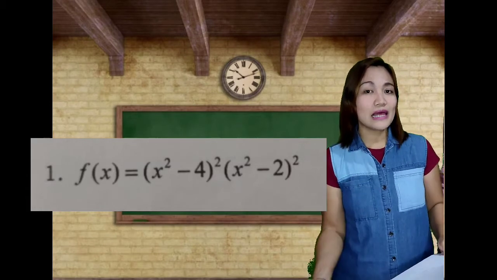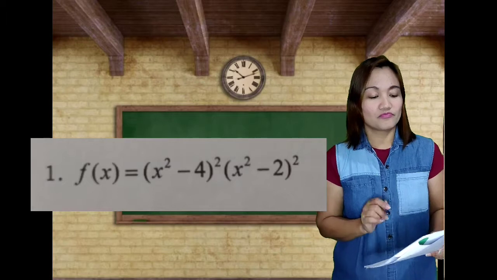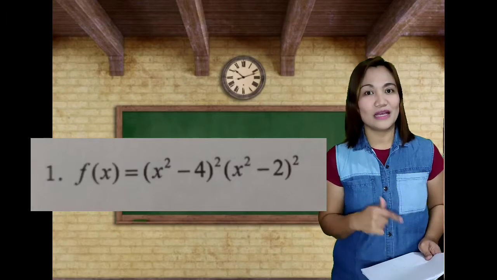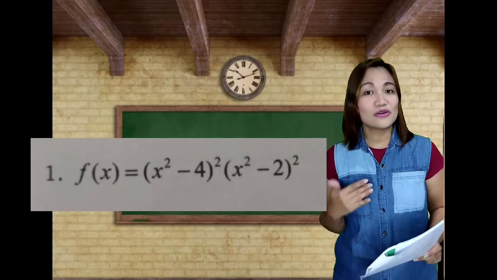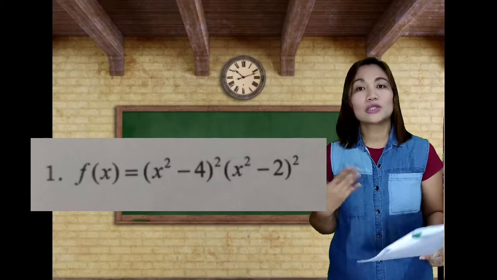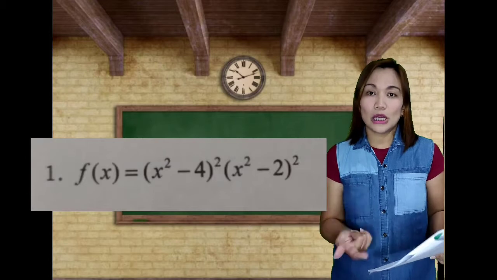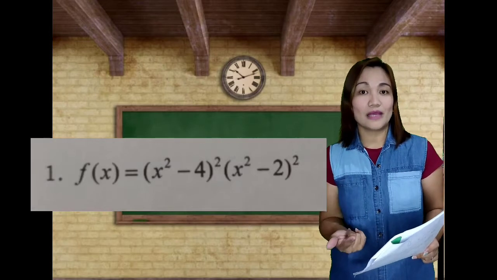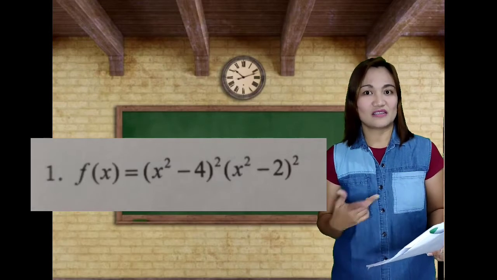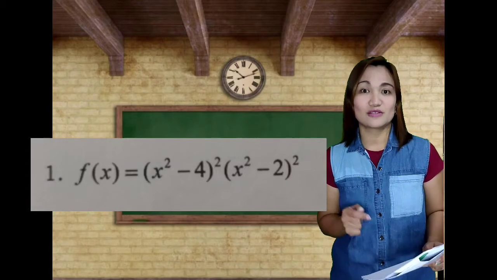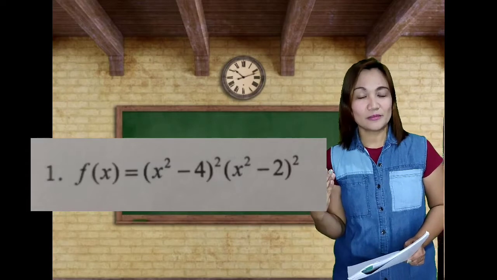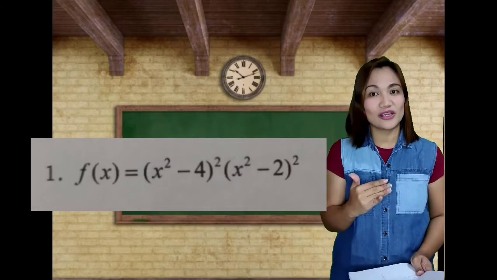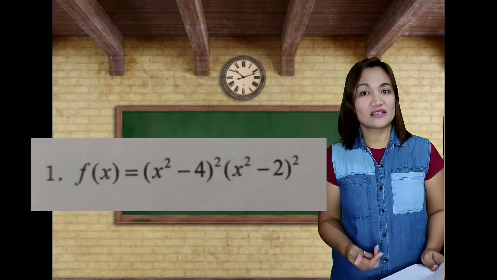And then, dun sa kabila naman, we have the square of x squared minus 2, which is also the same as the first factor. If we're going to expand, the leading term of this binomial will be the square of x squared, and that is x to the 4th also. Multiplying x to the 4th times x to the 4th will give us what?